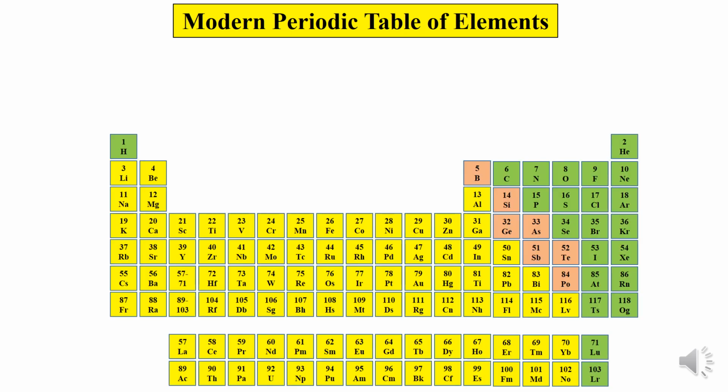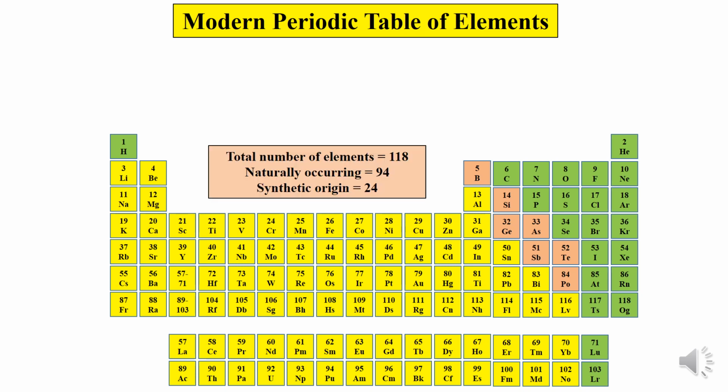In the modern periodic table, you will find a total of 118 elements, of which 94 are naturally occurring on Earth, while the remaining 24 elements are of synthetic origin.